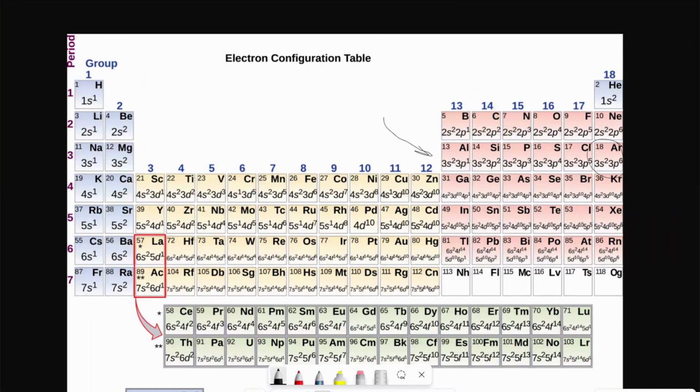And then we move to the 4s orbital as expected, because that is lower in energy than the 3d orbital, which would be starting from scandium going until zinc. What ends up happening is the exceptions occur when the d orbital is possibly half filled or fully filled. And I'll explain exactly what I mean by that.